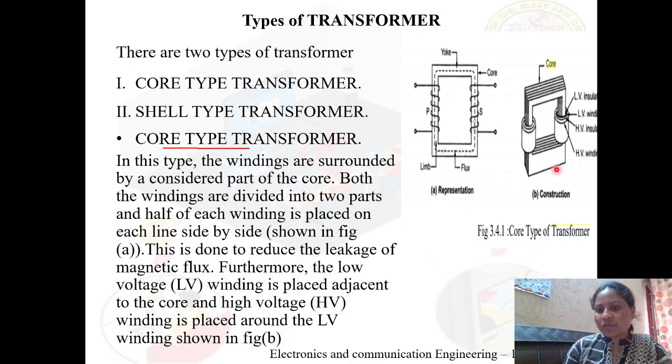Now look at the second diagram, which shows the low voltage and high voltage winding arrangement. Adjacent to the core, the low voltage winding is placed, and next to the low voltage winding, the high voltage winding is placed.